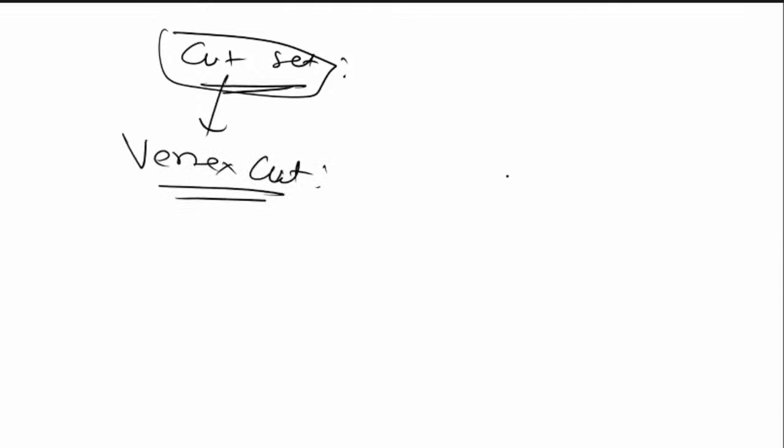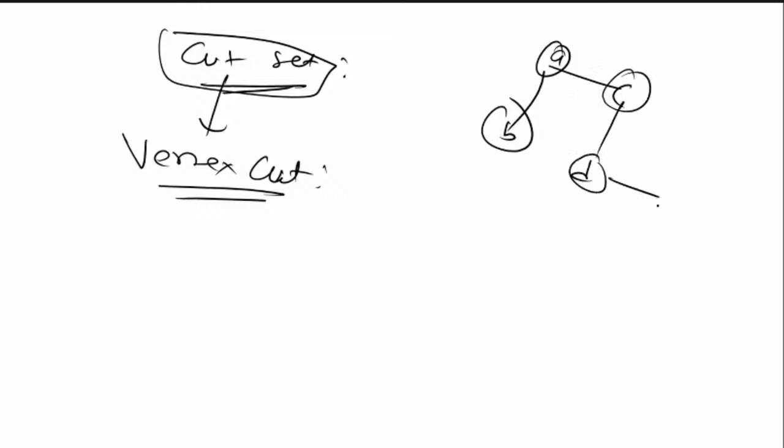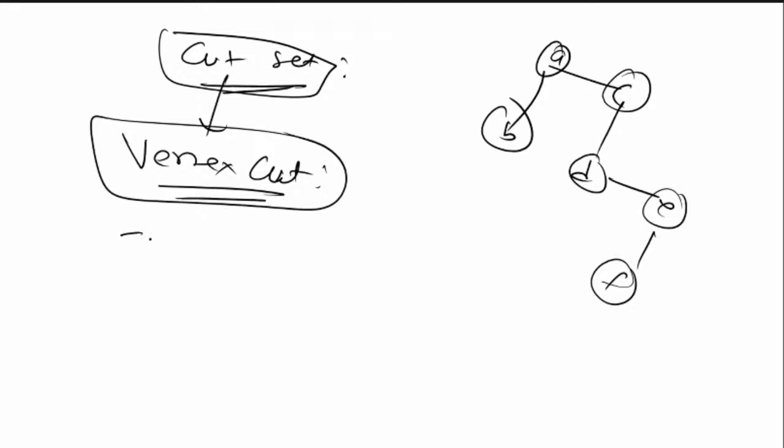What is this vertex cut? This is very simple. You have a graph. Let's assume this is your graph: a, b, c, d, e, and let's assume f. In this graph, what is a vertex cut? A vertex cut is any set of vertices which will increase the number of components.